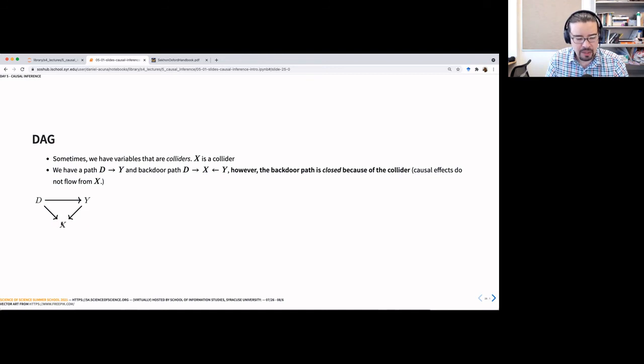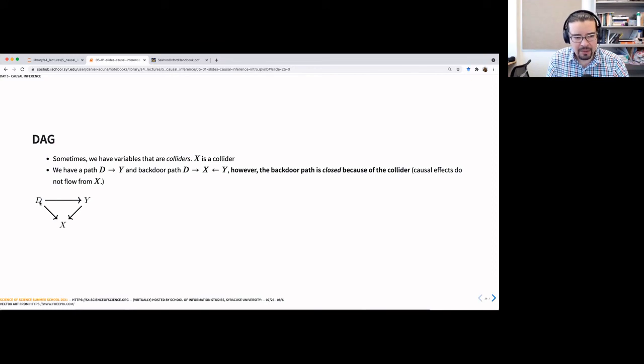This could be something like how much you can work. If you get surgery, maybe it will affect your work, and the number of years that you get to live will also affect how much you can work. So this could be a variable that gets affected by these two factors.